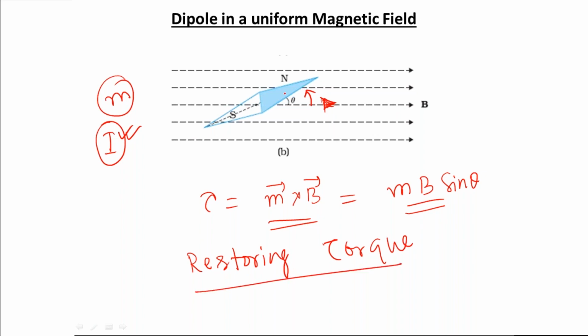So I can write the restoring torque as I into alpha, where I is the moment of inertia and alpha is the angular acceleration.